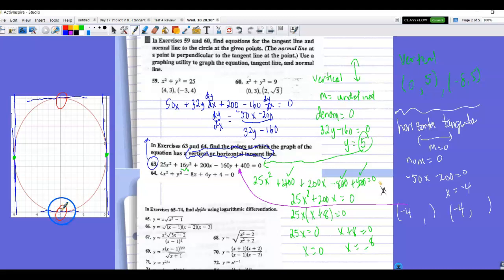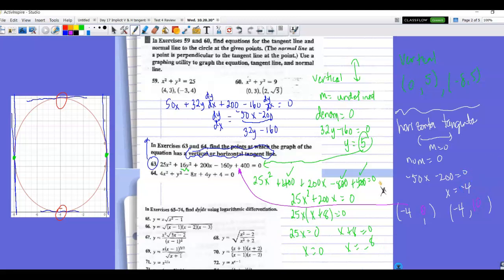I can see from the graph that one of the y values is 0, and the other one is at 10, so you can check your work to make sure that is correct.